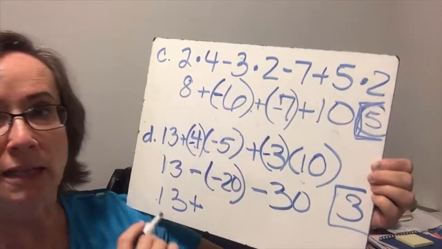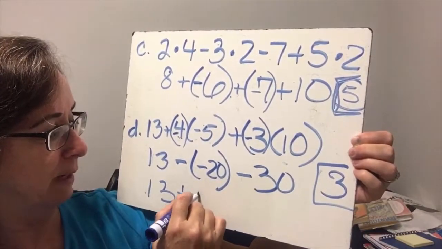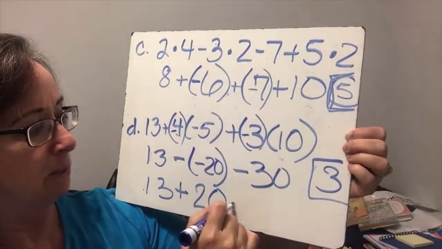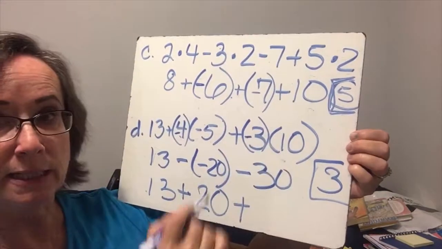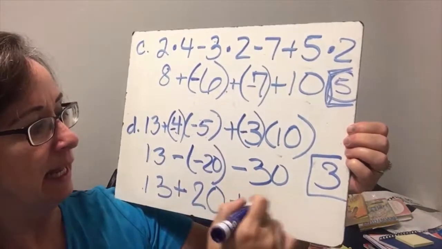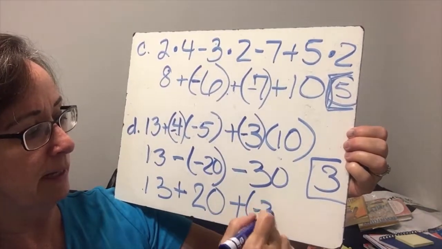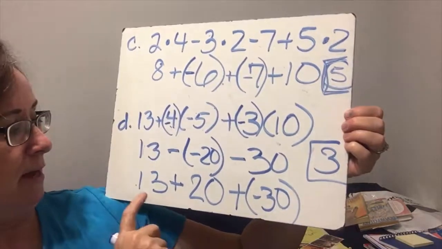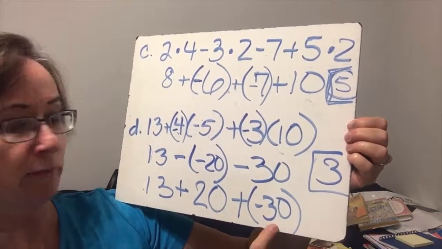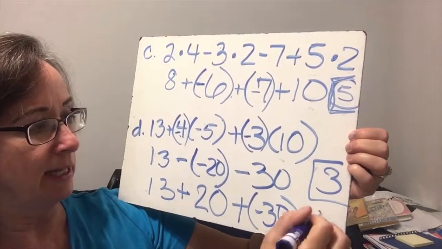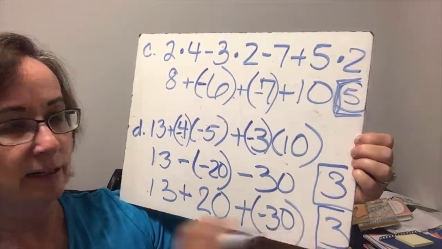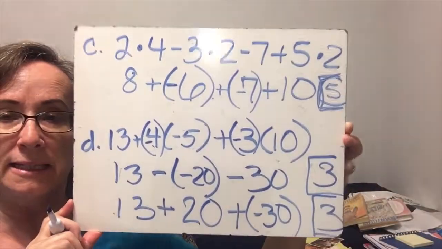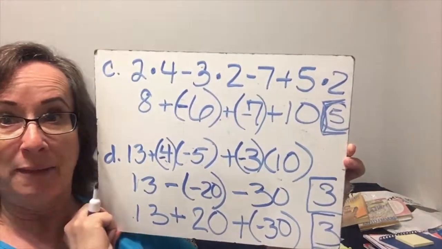A negative 4 times a negative 5 is a positive 20. And then plus a negative 3 times a 10 is going to be a negative 30. So now 13 plus 20 is 33, plus a negative 30 is a 3 again. So we did it 2 different ways, but got the same answer.